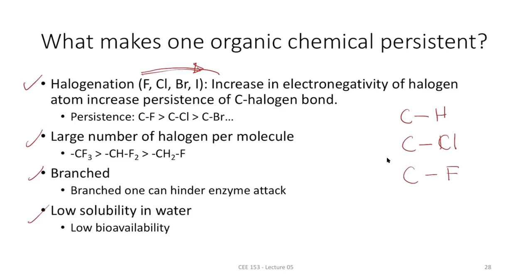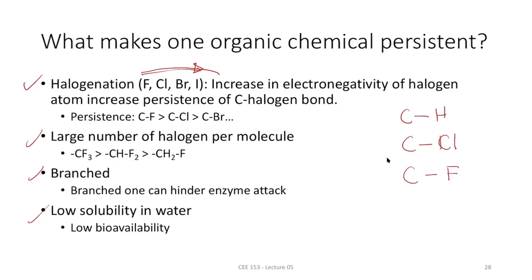The reason is, when you think of carbon and hydrogen, what's the difference in electronegativity? The bond can be broken based on how strongly they hold onto each other. So think of fluorine. If you remember the very first class, fluorine is the most electronegative atom in the periodic table.